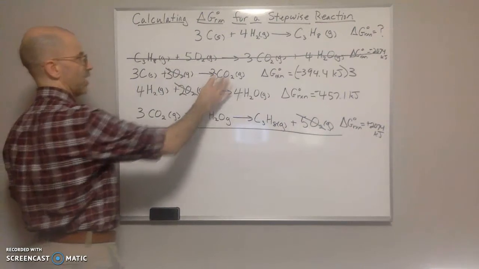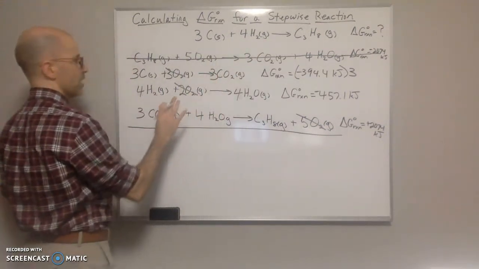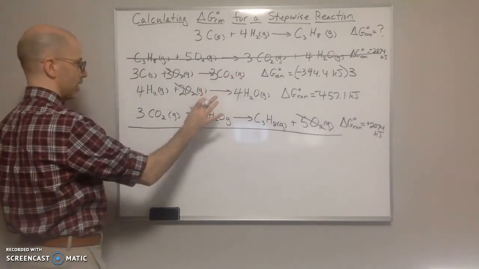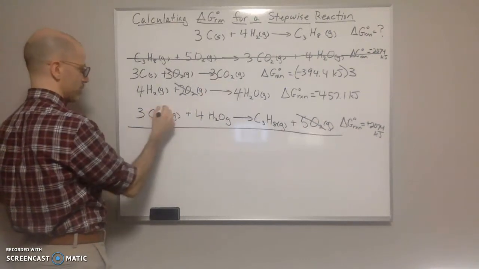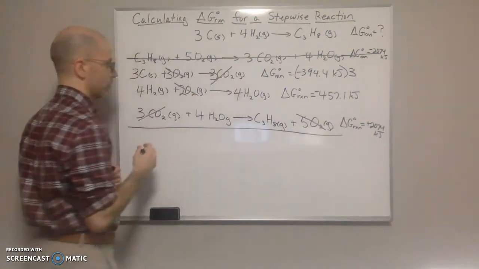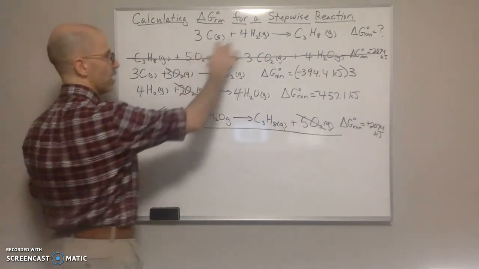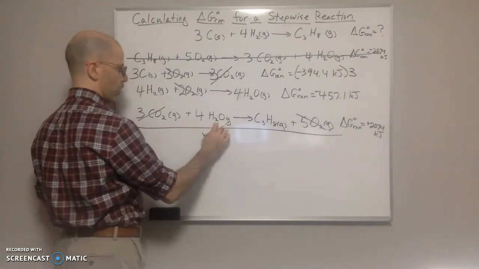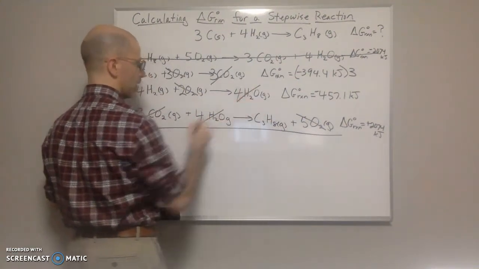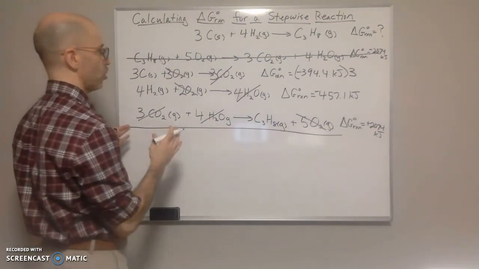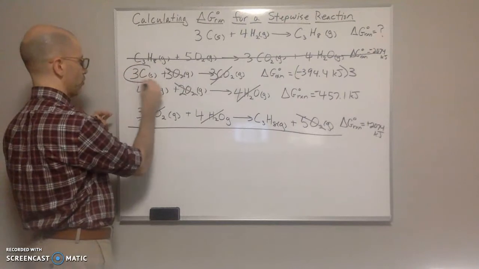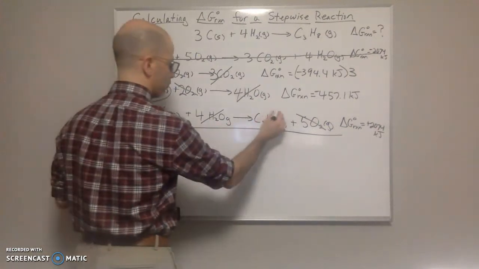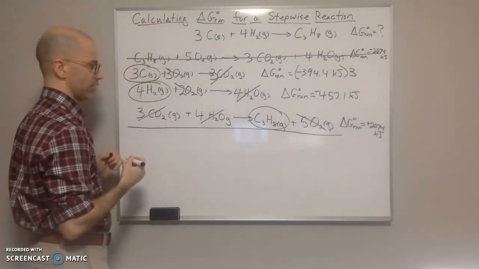Notice we have carbon dioxide here. We don't have it here, so that should cancel out. So we have 3 carbon dioxide as a product. We want it as a reactant, and here we have 3 as a reactant. So that'll cross out. And then lastly, we don't have water, but we have water here. So we have 4 water as a product, and we have 4 water as a reactant. So that will cancel out when we add it together. So the only things that are left are the 3 carbon, 4 hydrogen, and then we have the 1 C3H8, the propane.